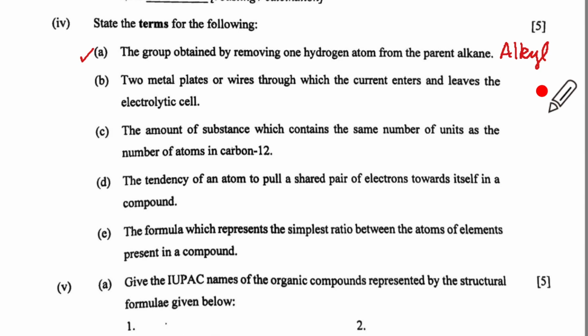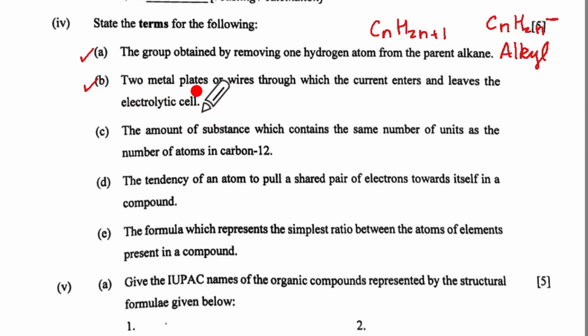Now, you cannot write methyl or ethyl, you will have to write the general term. So, if alkane is CnH2n+2, then the alkyl group will be CnH2n+1, and one hydrogen will be less and it will have one valency showing up, and that is how it will attach itself to another radical or group.